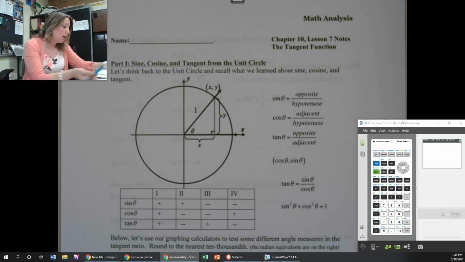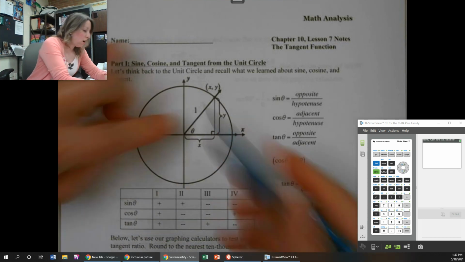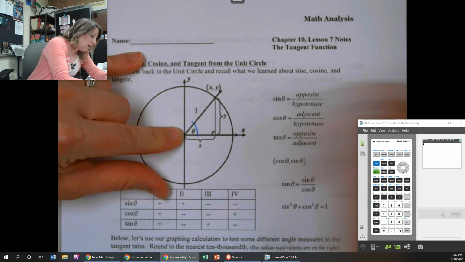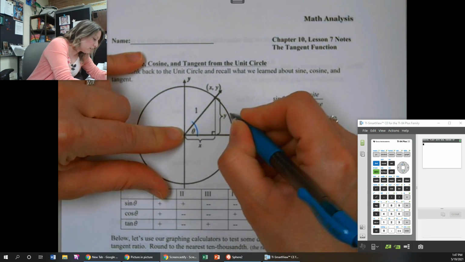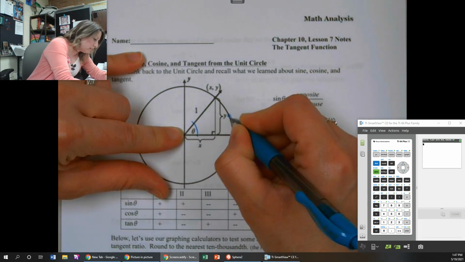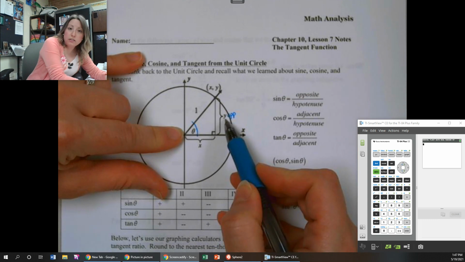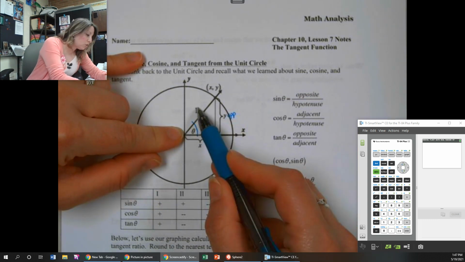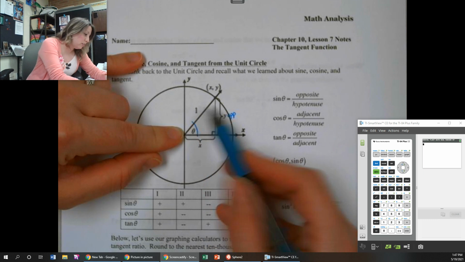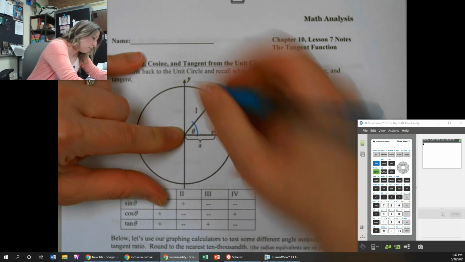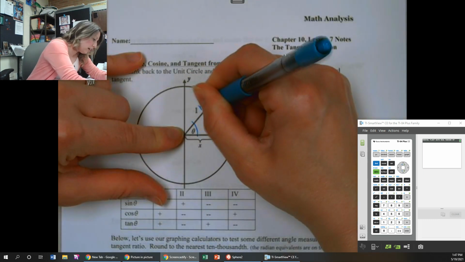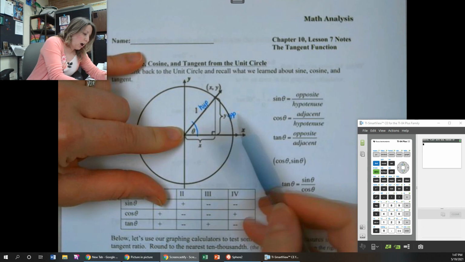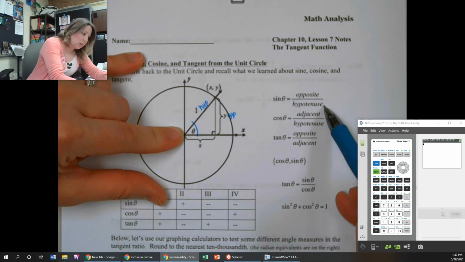So of course we know that if we're dealing with our angle in question right here, the side opposite, the y side, is actually my sine function because in my unit circle, 1 is my radius, and that is my hypotenuse side, and sine is opposite over hypotenuse.